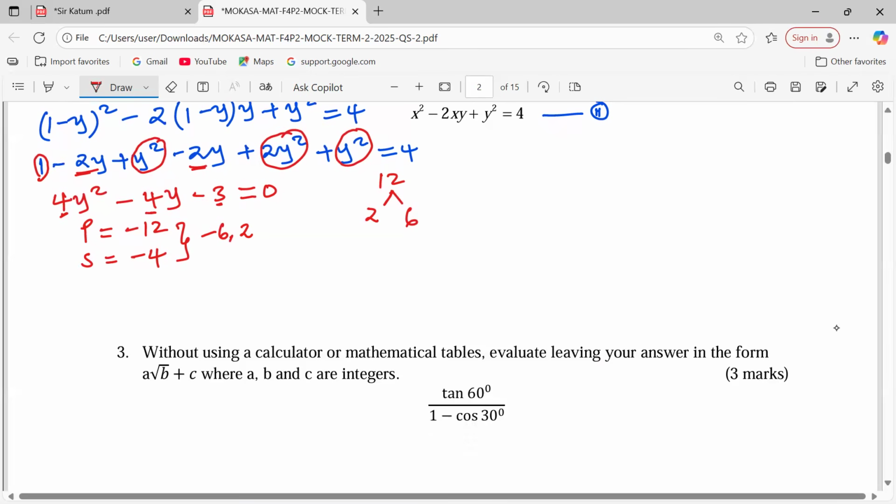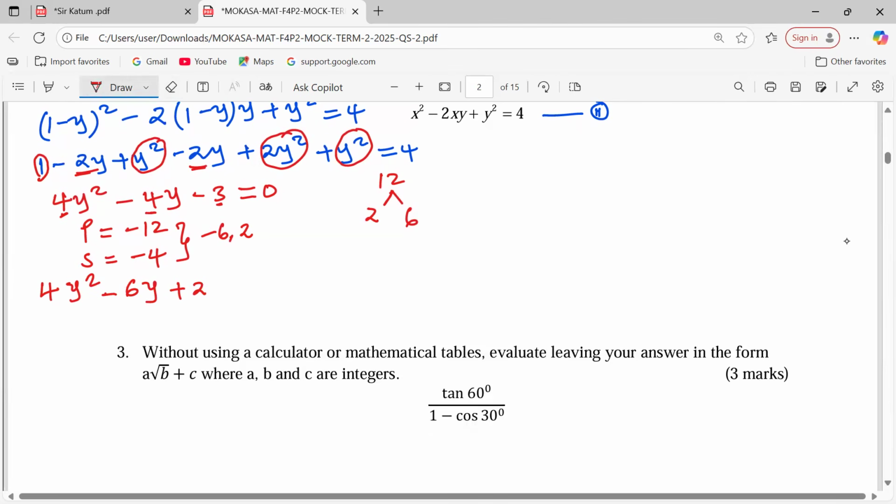Then now you proceed. We can now rewrite our equation for 4y squared. Instead of -4y, now we consider the two factors listed. We can have -6y +2y. These are y's.